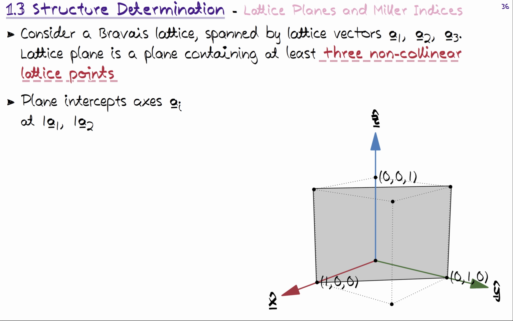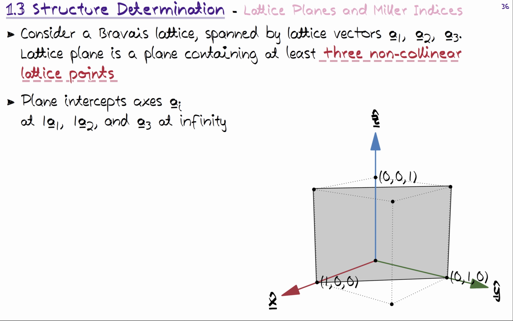The plane intercepts the A2 vector one lattice constant away from the origin, and it doesn't intersect the axis A3. So we say that it intersects A3 at infinity, and this is how we have defined our plane.